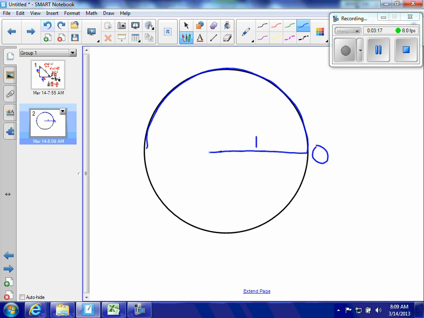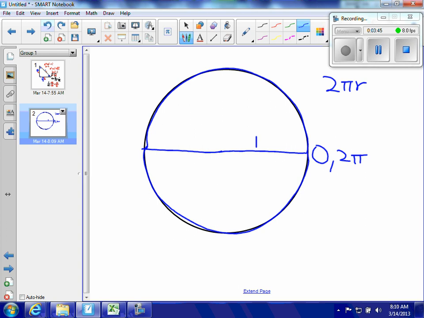We know that since the circumference is 2 pi r, and the radius is 1, our distance all the way around the circle is 2 pi. So if I went all the way around the circle, I can label this 2 pi, and I could label it 4 pi and 6 pi, or I can label it negative 2 pi or negative 4 pi.